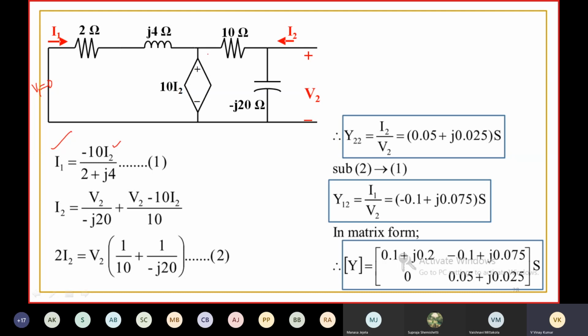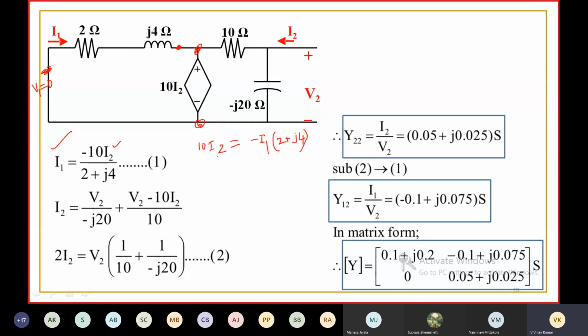The voltage between these 2 points is 10 I2. Then the voltage across this impedance is also 10 I2. So 10 I2 is equal to minus I1 into 2 plus J4.